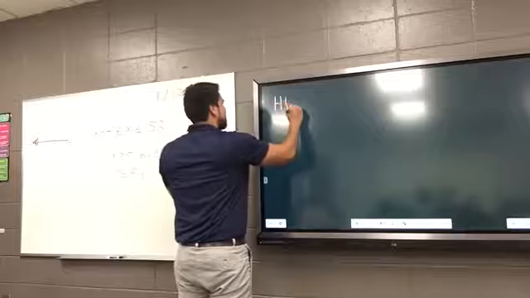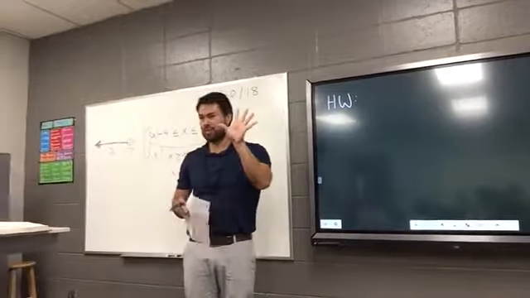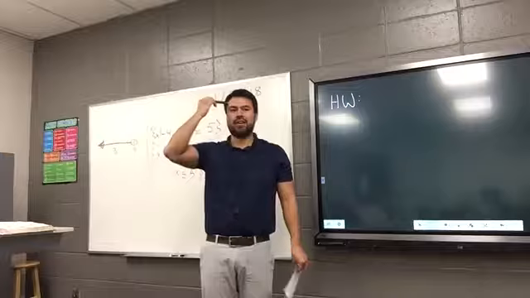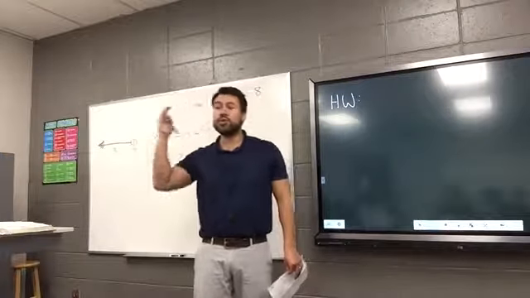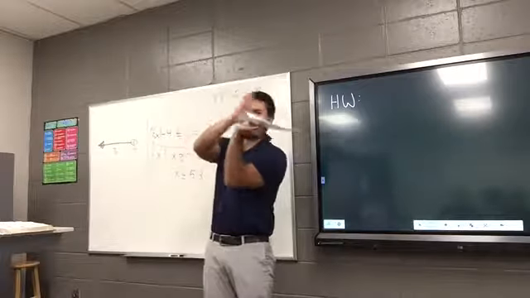Homework. All right, homework is weird today. Please, it's 7 problems. But listen carefully. You're not doing greater than inequalities. You're only doing the equal to and the less than.